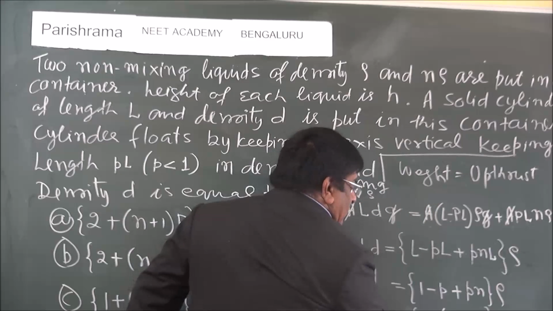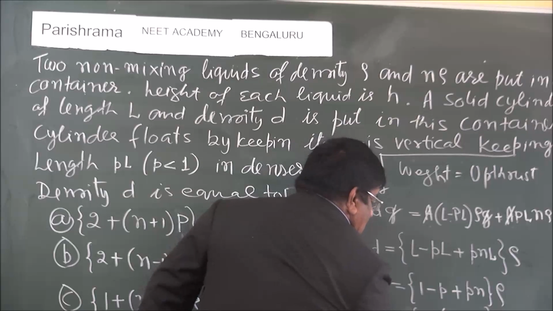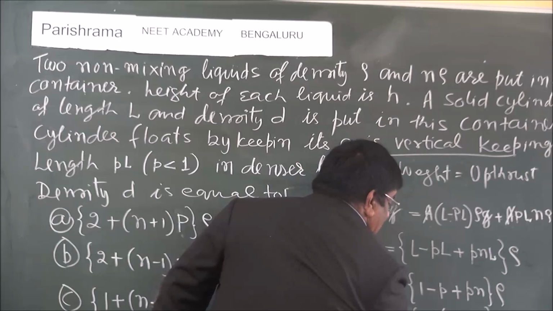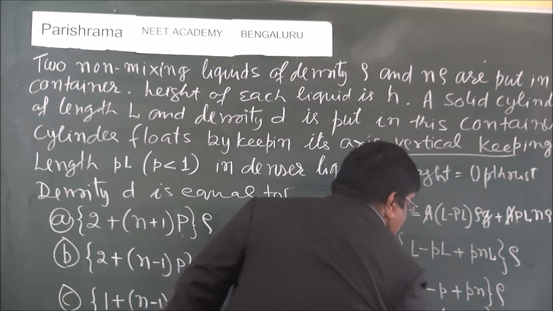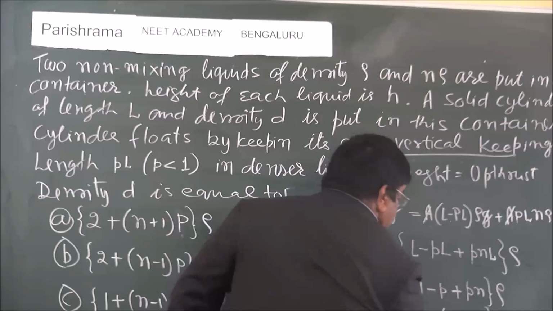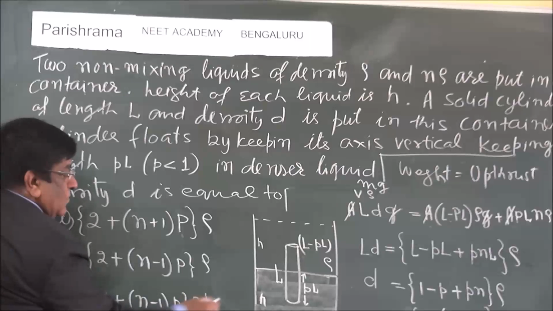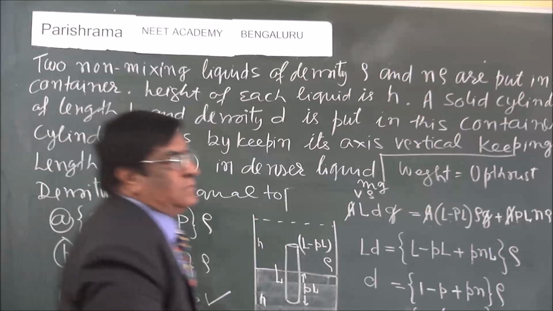Take minus out. So this will become 1 plus (N minus 1) P, and rho. This is matching option C. Right?